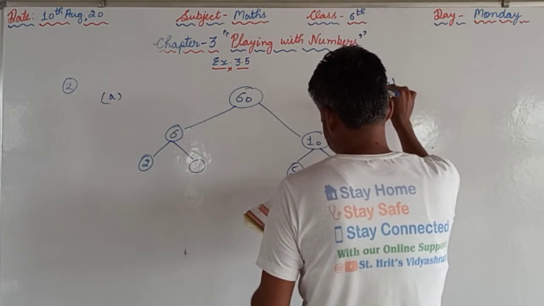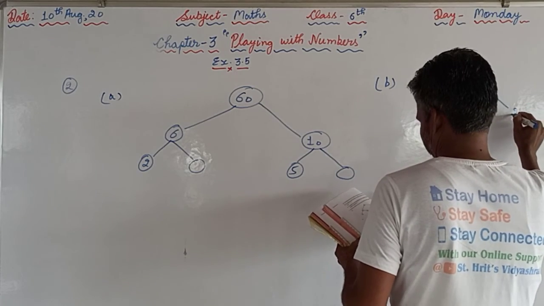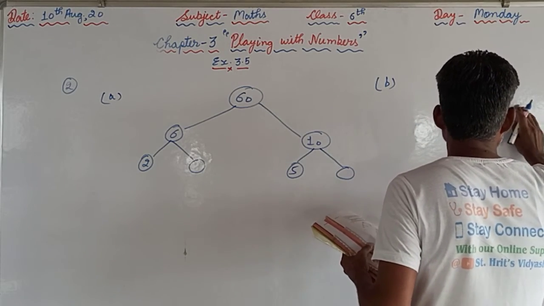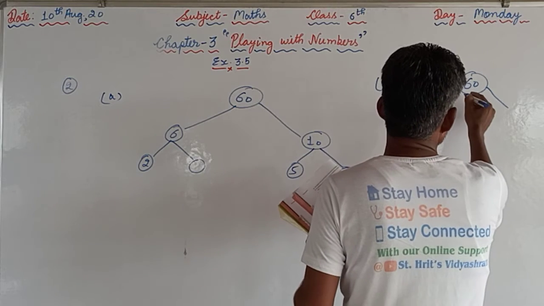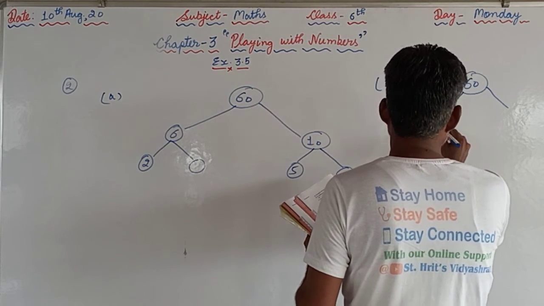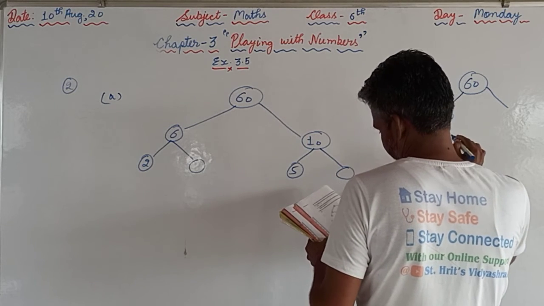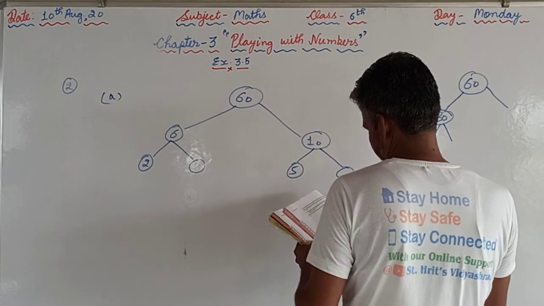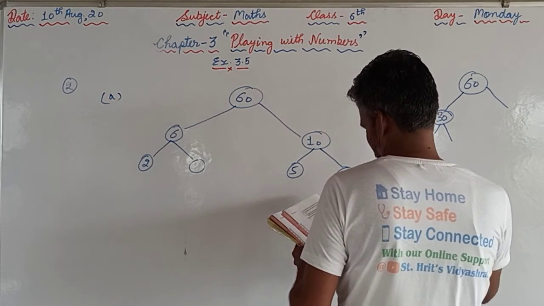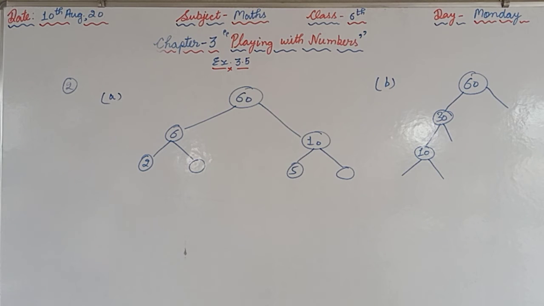In part B the different factor tree is there. They have written 30 here, and then from 30 they have written 10, and here the blank is there, here 2 blanks are there. So we have to complete these two factor trees.